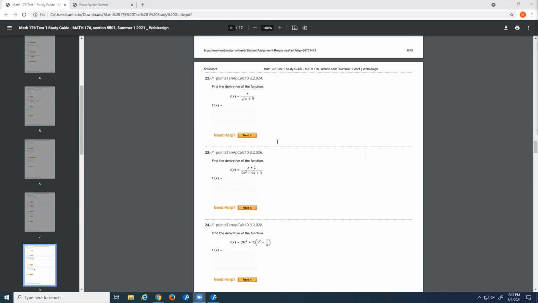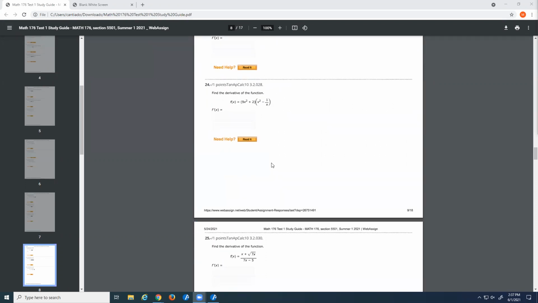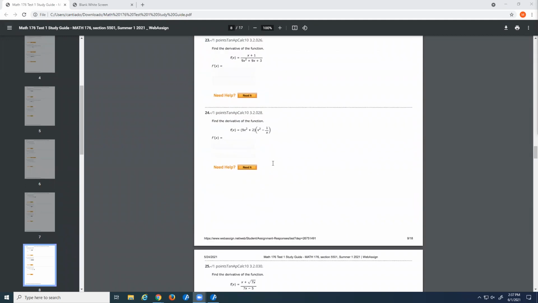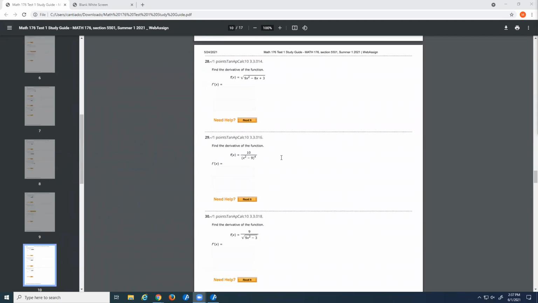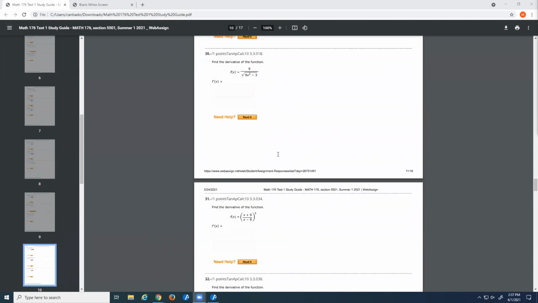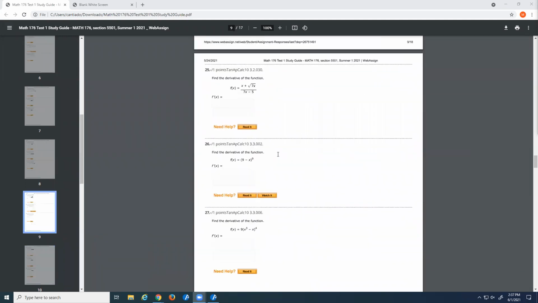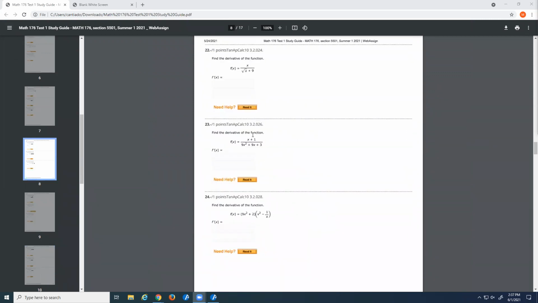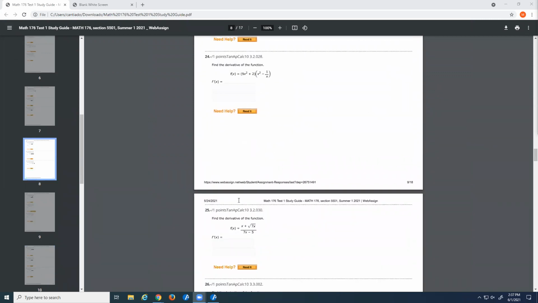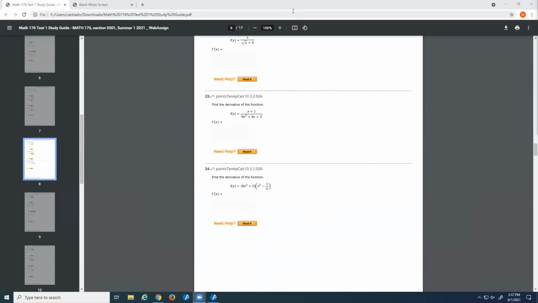So I think I'm going to leave that one to you guys to practice, and I'll do another quotient rule. Is there any more quotient rules down the line, actually? Let me check really quick. I think it's mainly just chain rule after that. So actually, I'll do number 23 and I'll skip 25. All right, get my annotations back.